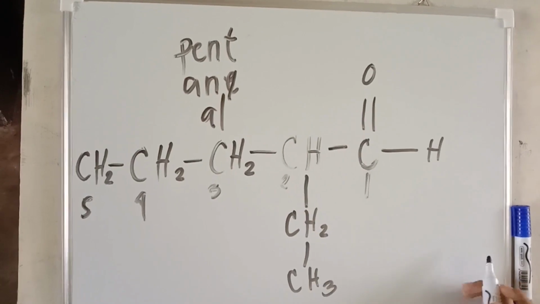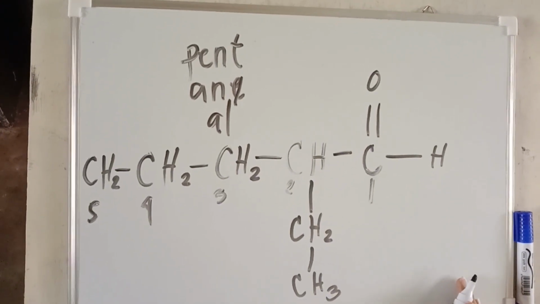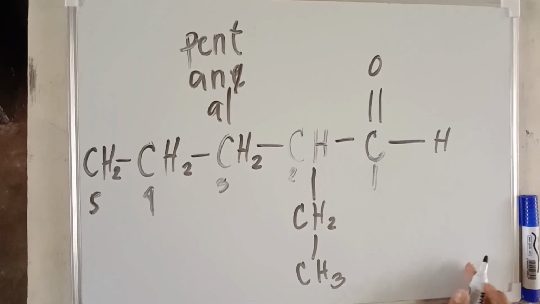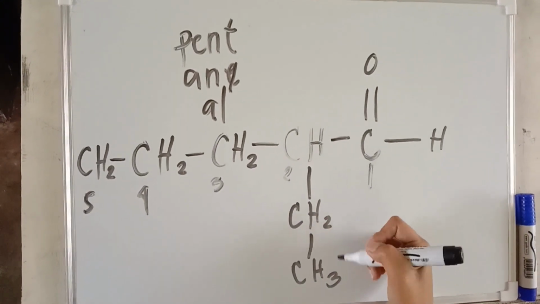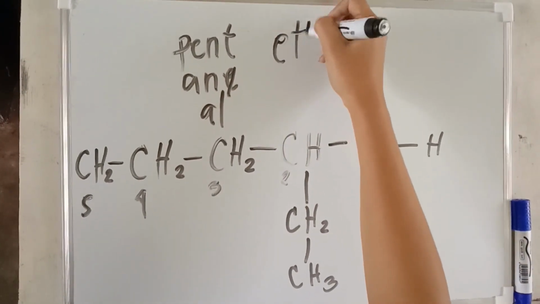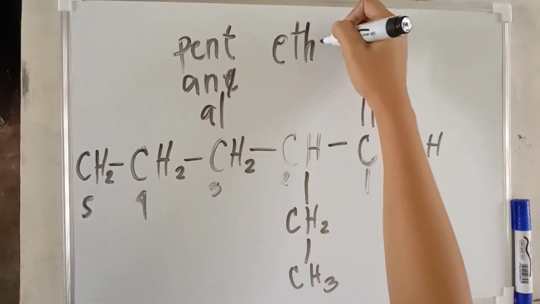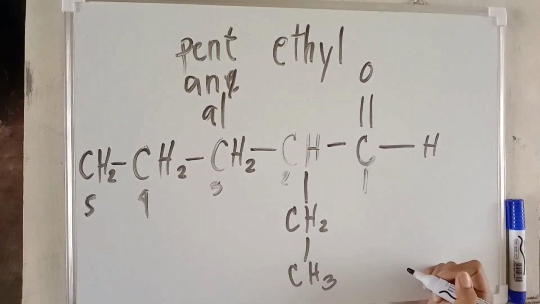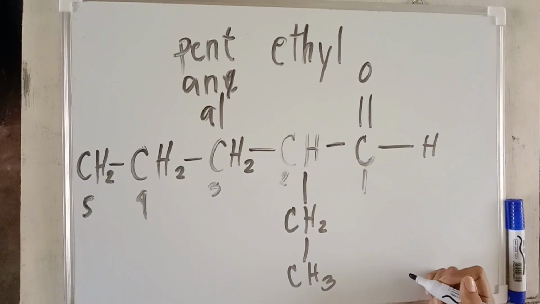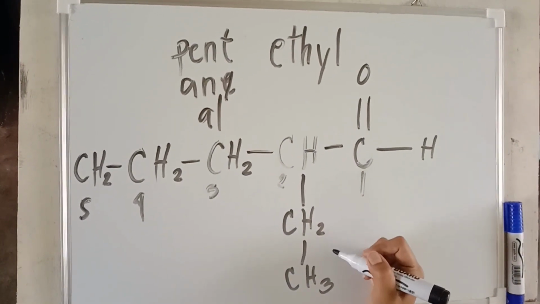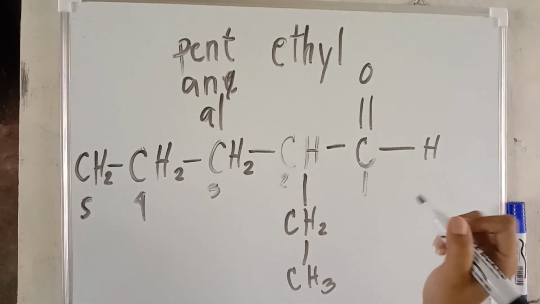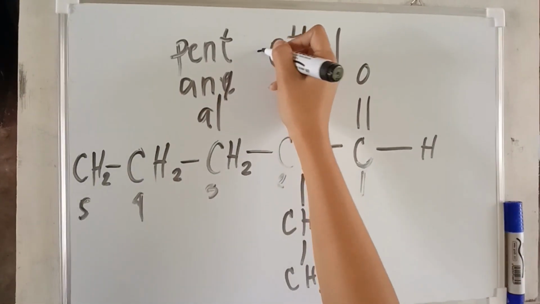The next rule states that we need to find the substituent. The substituent here has 2 carbons, so the prefix is eth, and we will put YL to identify that it is an alkyl group. Now we will proceed to where the substituent is located. The substituent is located at carbon 2, so we will put 2 here.